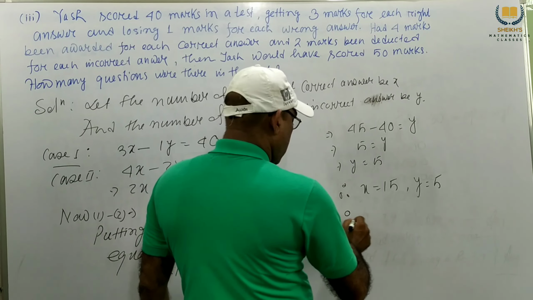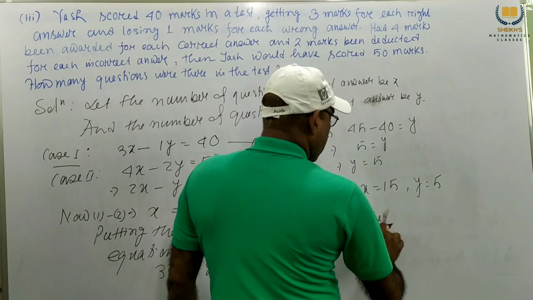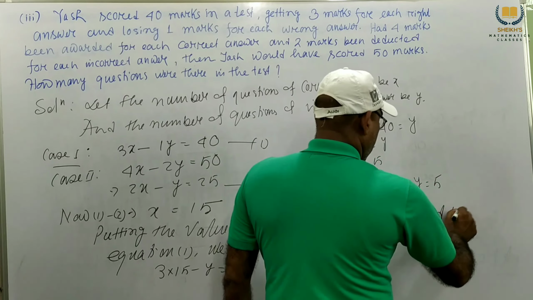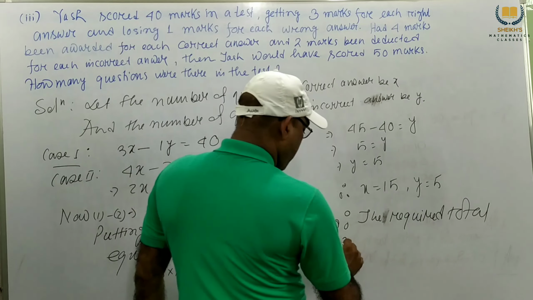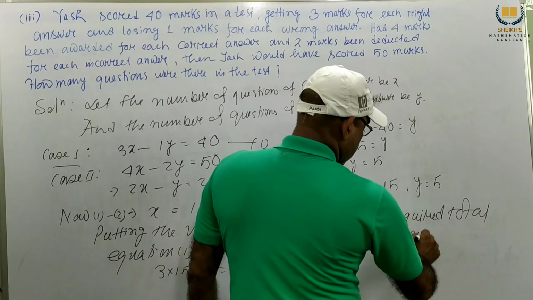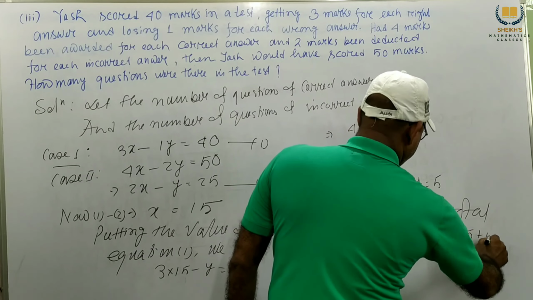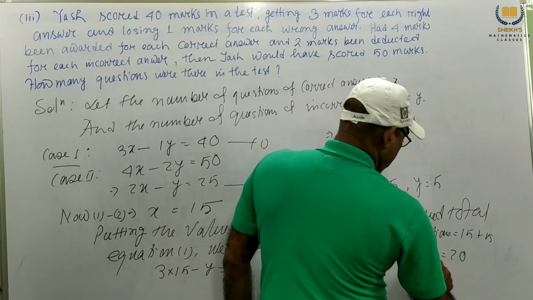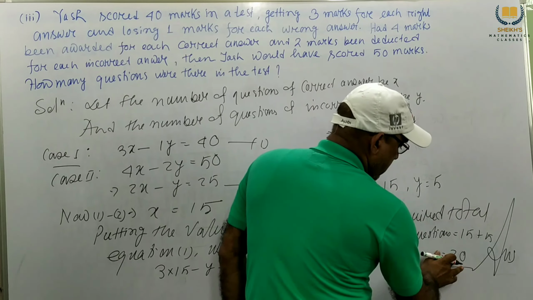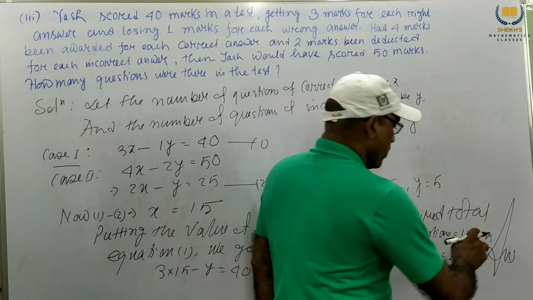Therefore, the required total number of questions is 15 plus 5 equal to 20, and this is our answer. This is 15 plus 5 equal to 20. We get the answer.